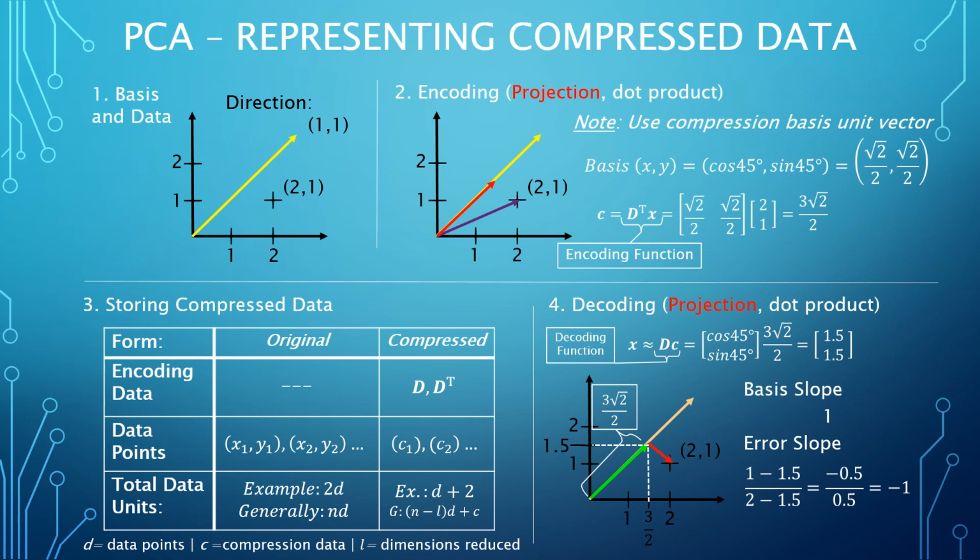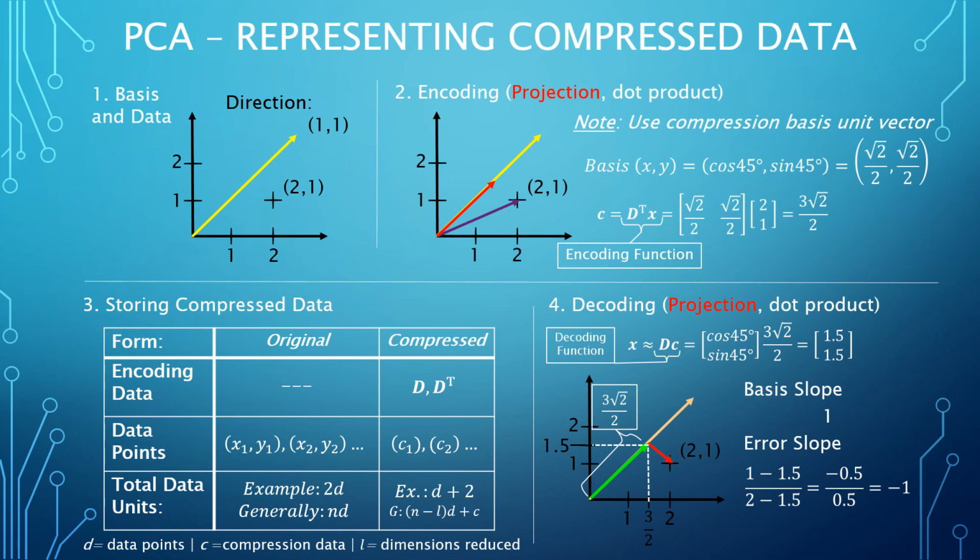The reason for that is because if we are working with higher dimensional data, our encoded data itself could be higher dimensional, in which case this process would in fact be a transformation back into a higher dimensional space. So whereas in this case it looks like we're just multiplying our basis by a scalar, really more abstractly we're projecting our encoded point, in this case a scalar, onto a higher dimensional space.